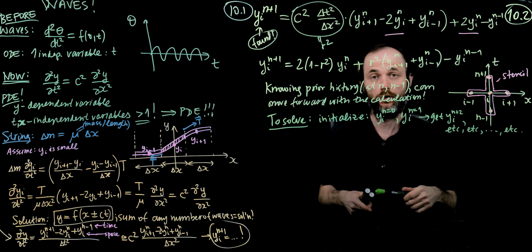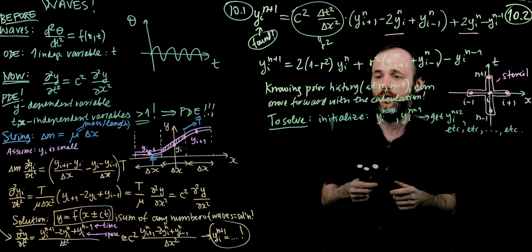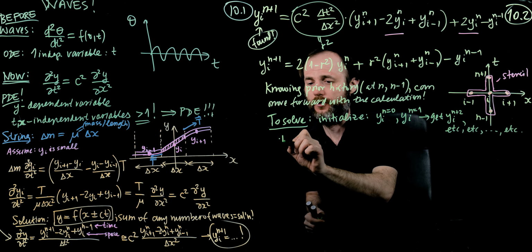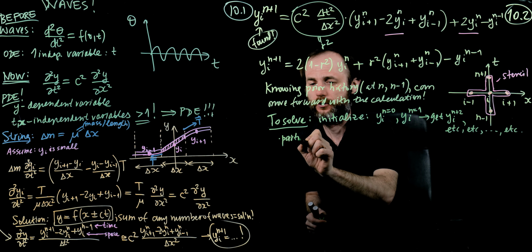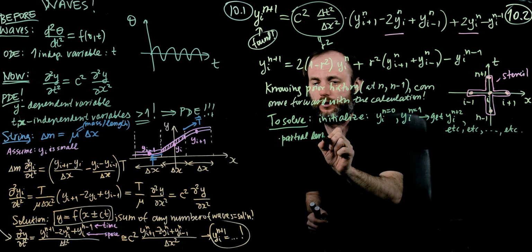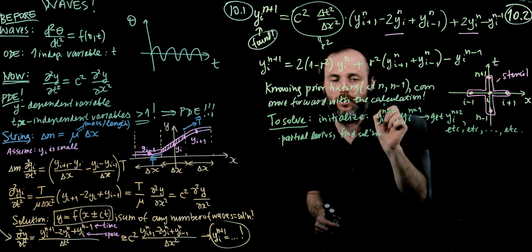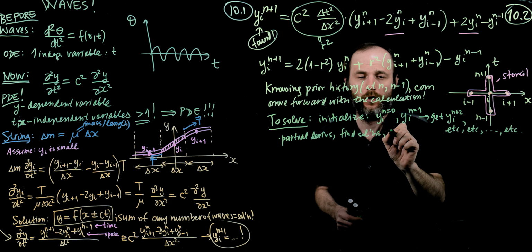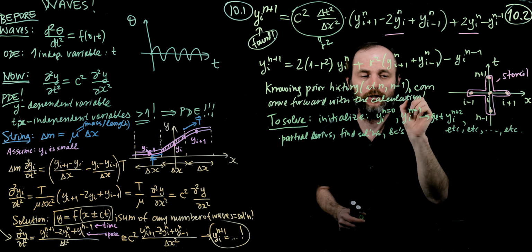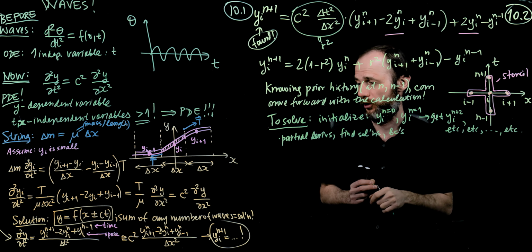So what we're going to do now is discuss more the partial derivatives. We're going to see how to find solutions to these equations. We're going to discuss the boundary conditions that we have so far ignored.